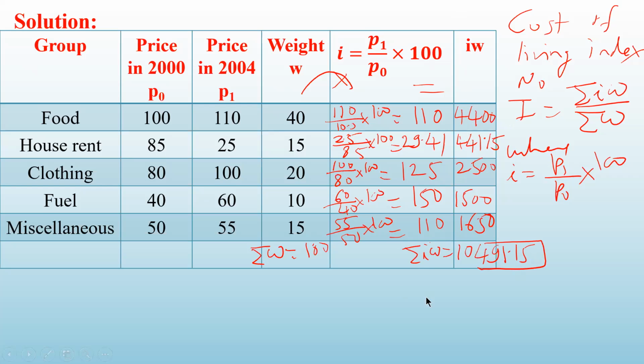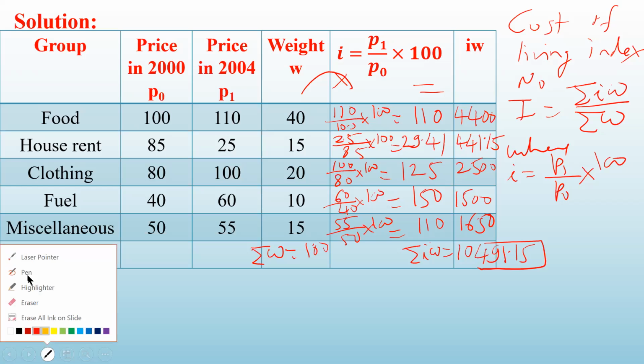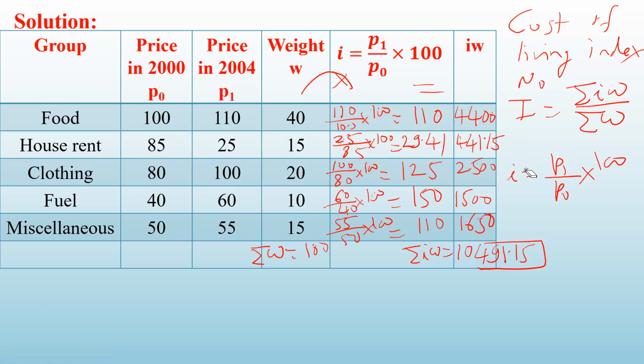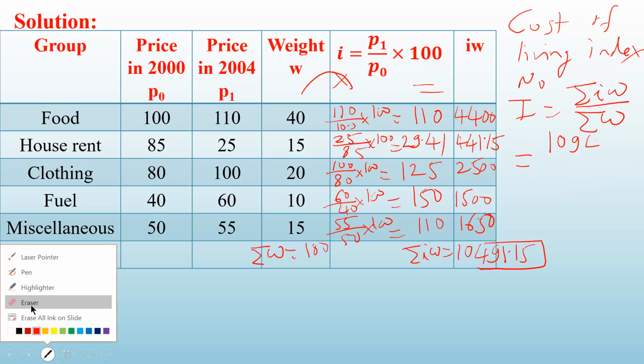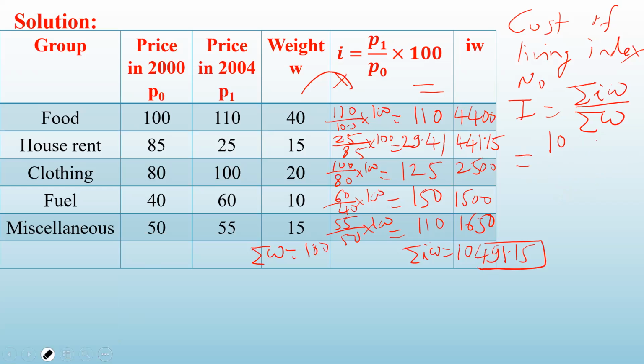Now find out the cost of living index number. So that is equal to summation IW, which is 10,491.15, divided by summation W, which is 100.